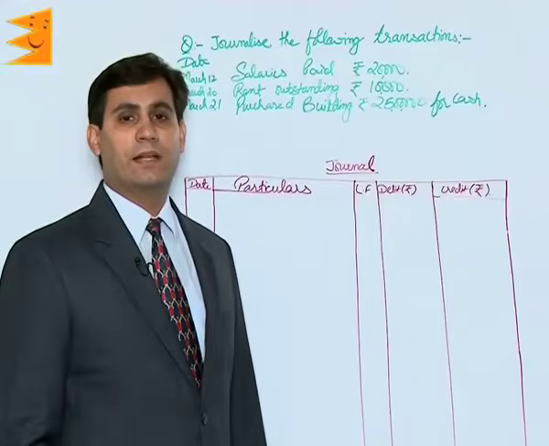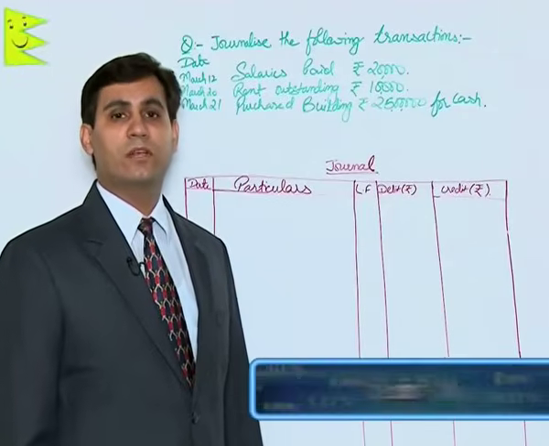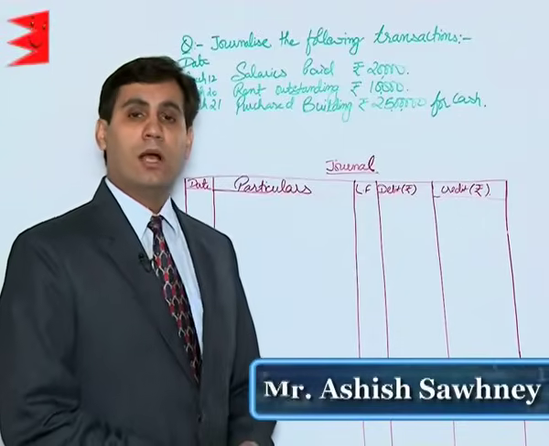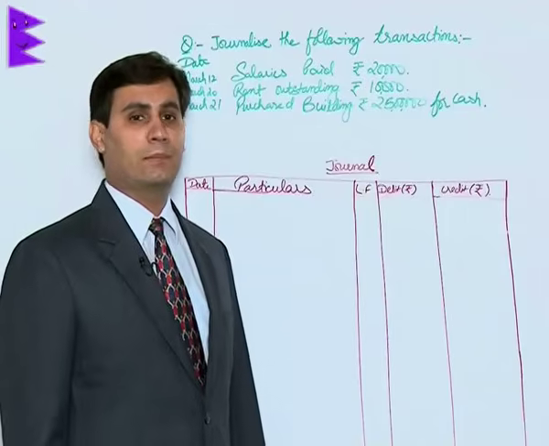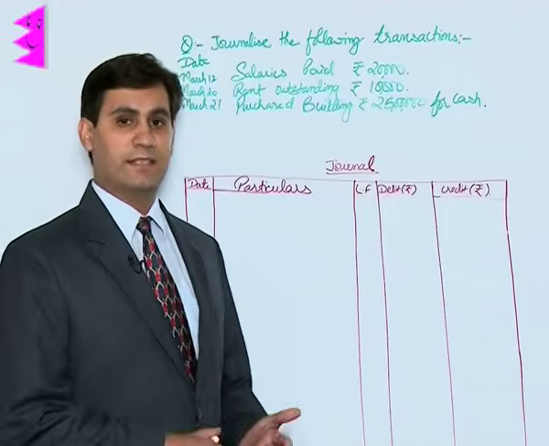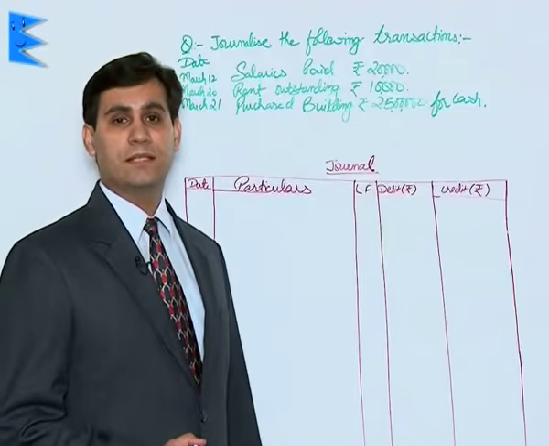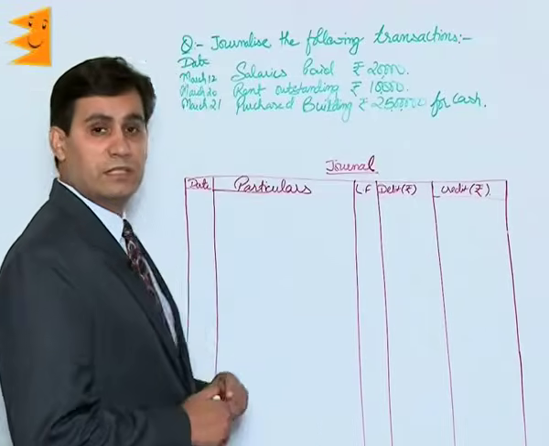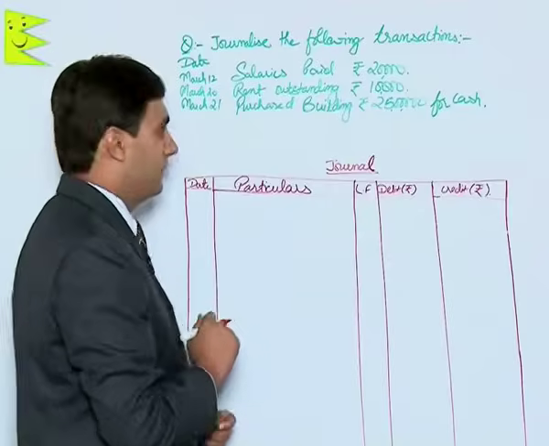Now let us understand how we can journalize the transactions using modern classification of accounting. Now students, just to recall, under modern classification, there are 5 categories in which an account can be classified. They are assets, liabilities, revenue, expenses, and capital. So now let us use that particular classification for journalizing these entries.